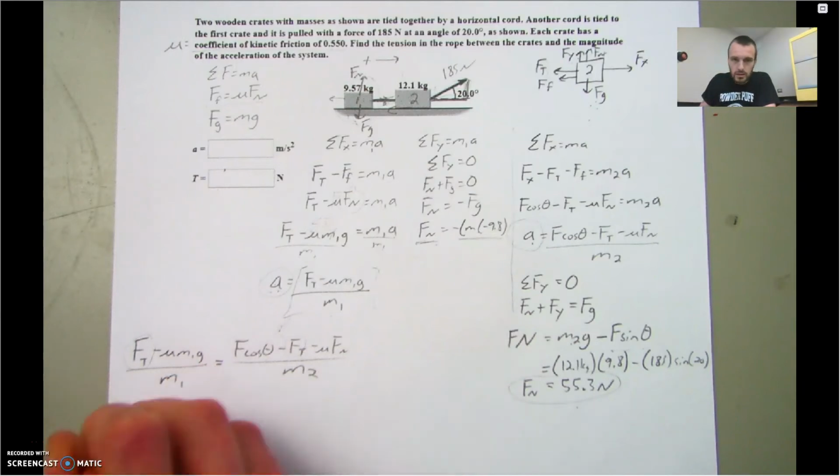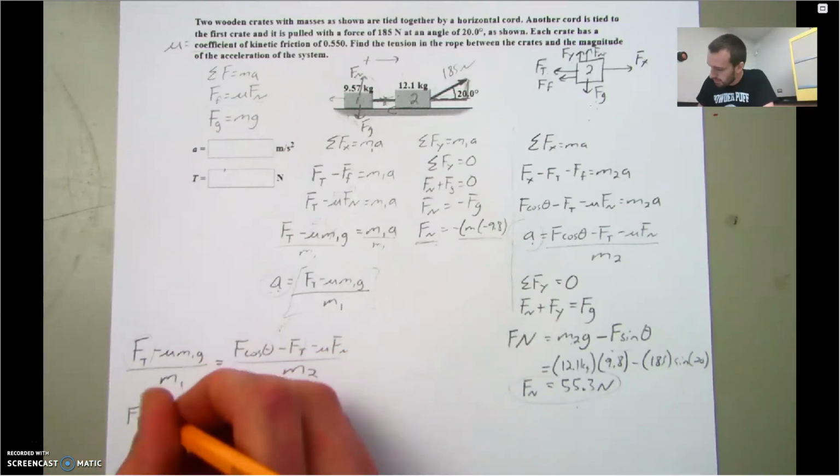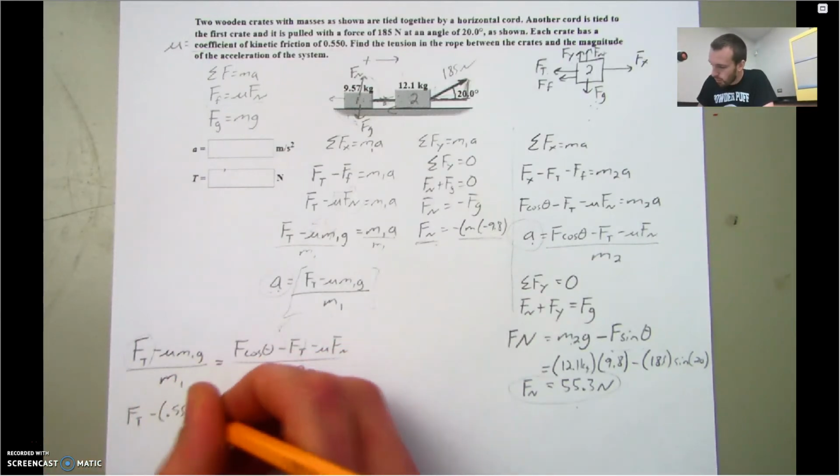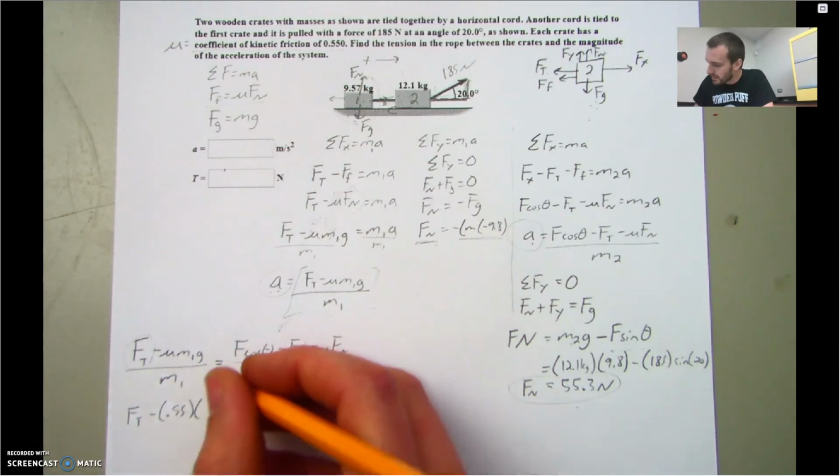FT minus mu, 0.55, m1. Now you see why it was so important that I labeled my stuff earlier.